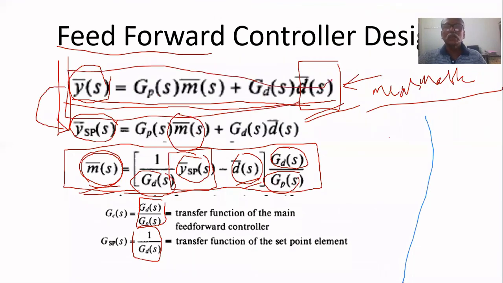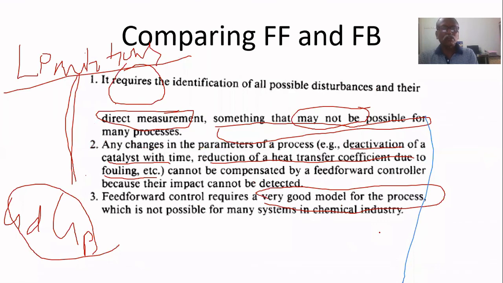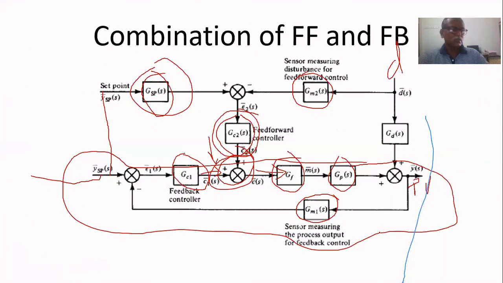A feed forward controller is always designed in such a way that y is equal to y set point, that is, PV equals set point. So we replace y(s) with y set point and we get the controller. The y set point is multiplied by some factor. This is the filter you have to introduce in the set point, and this is the actual feed forward controller. This is the general design procedure for feed forward. With this, let us stop here.